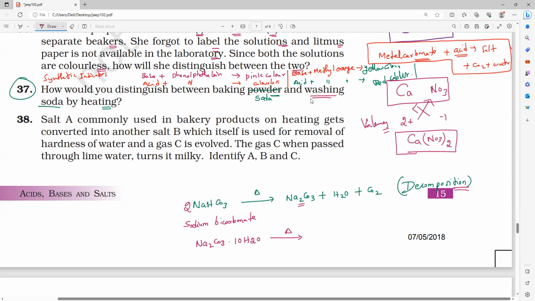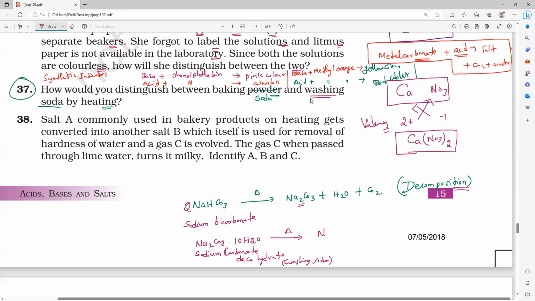If you start heating, what is the name of this one? Sodium carbonate decahydrate. Yes, Mitakshri, tell me, if you heat this one, you used to get something. You have written already this equation. This is only called washing soda. So what are the products?